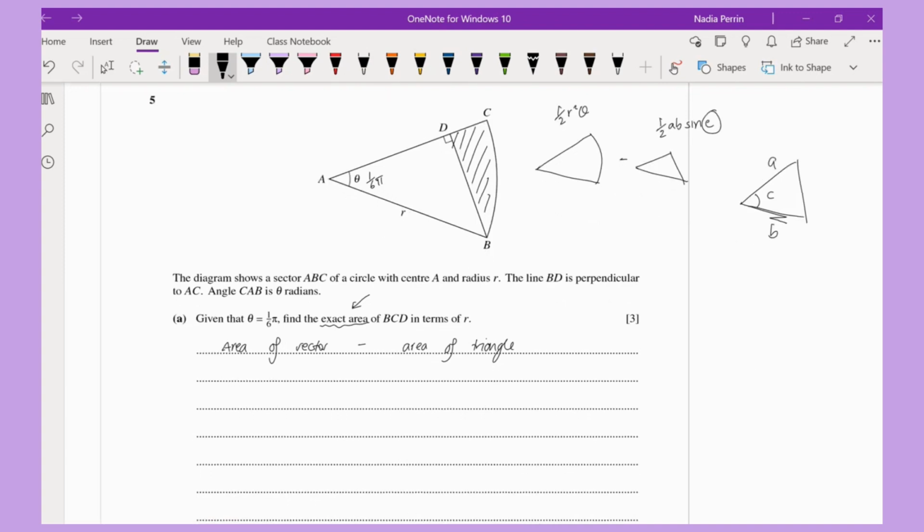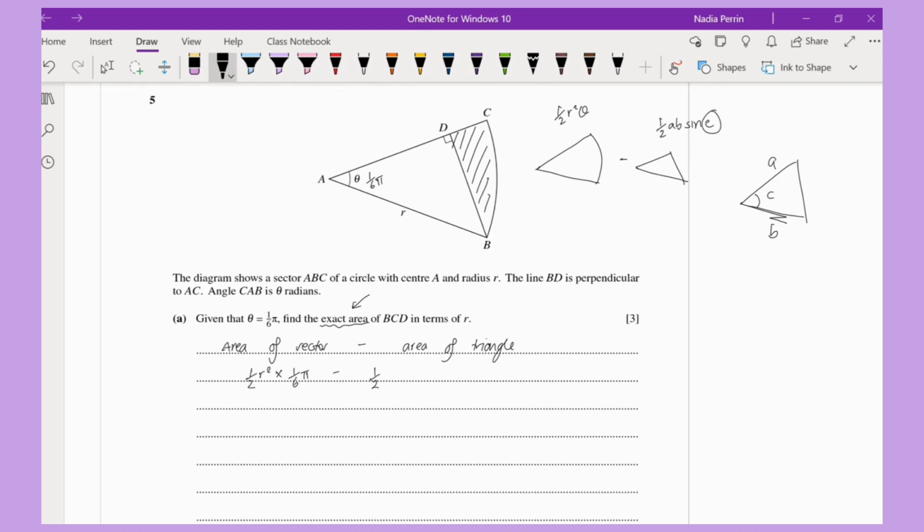So doing the area of the sector first, we have half r squared, and the only thing we have to substitute in there is what theta is, which in this case is 1/6 pi. And then we're going to subtract the area of the triangle.